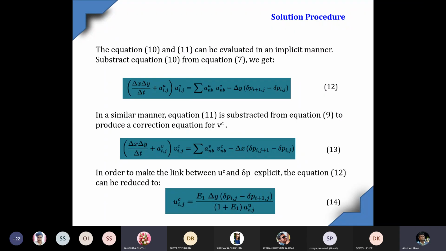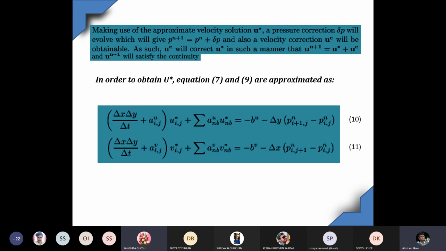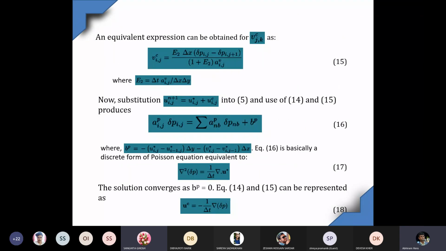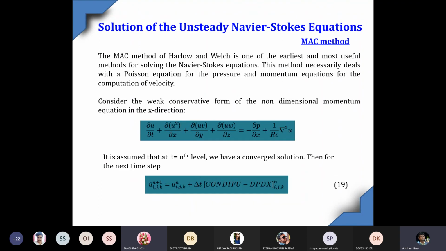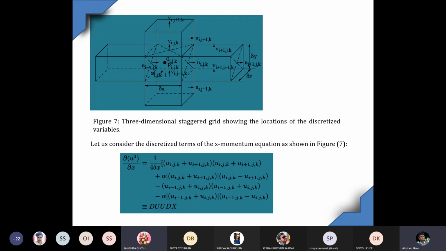The step 2 to 6 part that we were discussing is again shown here in this control volume formalism. This is the pressure correction part that you are doing. There are some line by line tridiagonal matrix algorithms that you can use for that. There is another popular method, the MAC, marker and cell approach, which is also shown here with the help of a three-dimensional geometry.